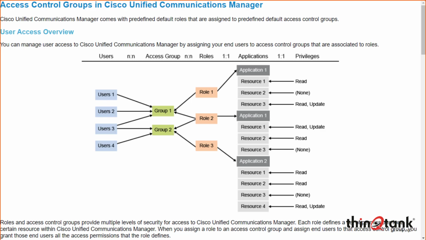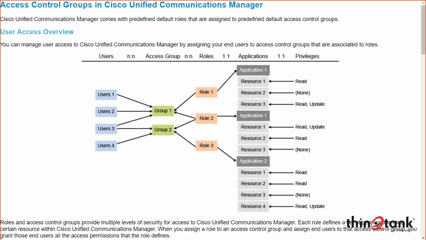Call Manager sends those authentication requests to that internal library we talked about previously, called the Identity Management System Library, which is then responsible for authenticating those user credentials against the user database.